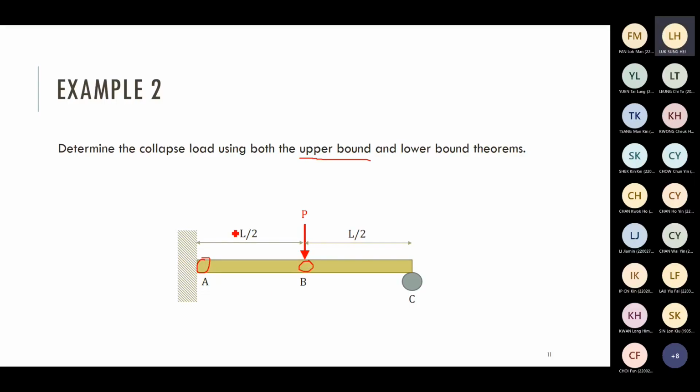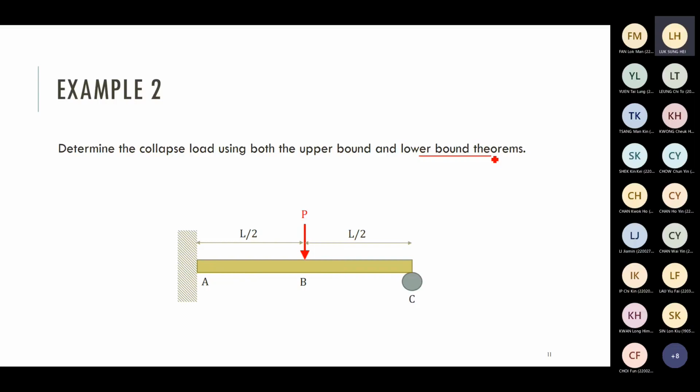Then it becomes unstable. You can apply the upper bound theorem directly based on this failure mechanism. The upper bound theorem is quite straightforward, I think. You can find out the internal work, find out the external work, set them equal, and then find out the collapse load. Quite easy.